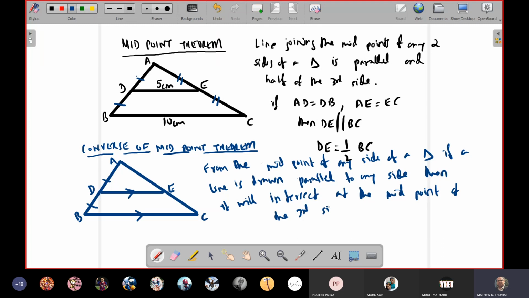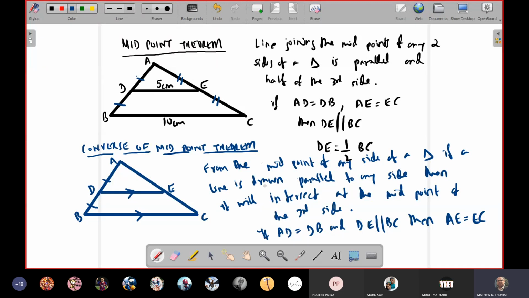At the midpoint of the third side. So what does this mean? That if AD is equal to DB and DE is parallel to BC, then AE will be equal to EC.